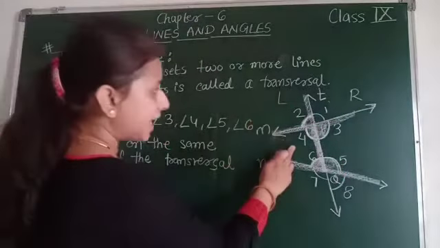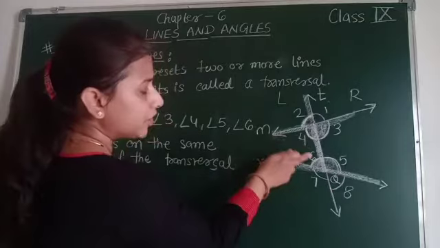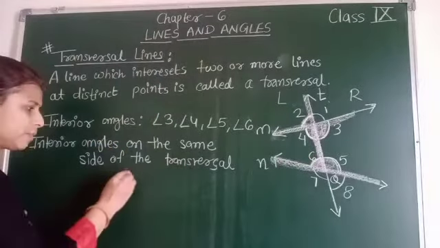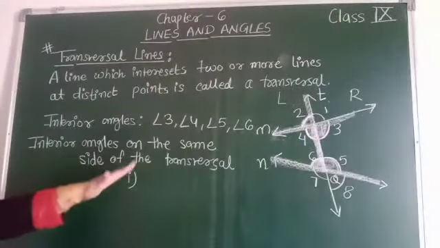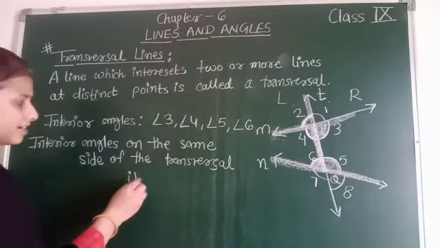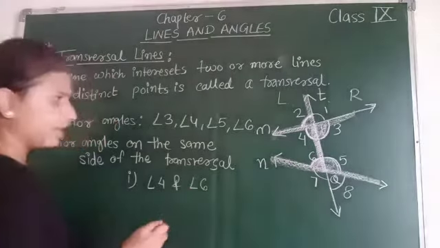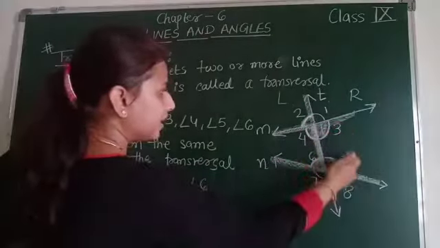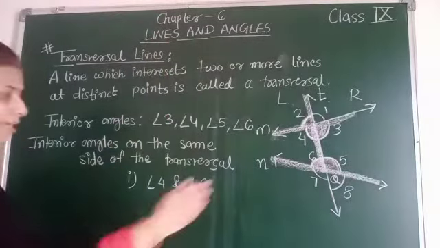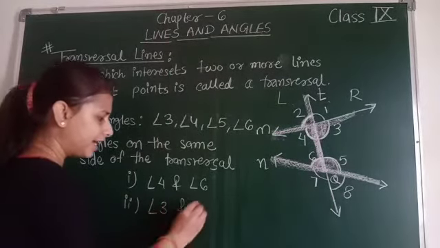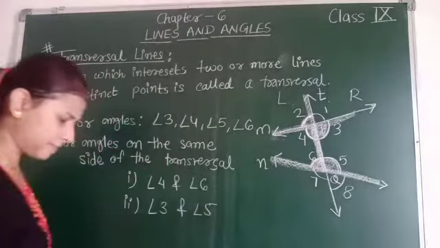On the left hand side, the first pair of interior angles on the same side are angle 4 and angle 6. And on the right hand side, the interior angles on the same side of the transversal are angle 3 and angle 5.